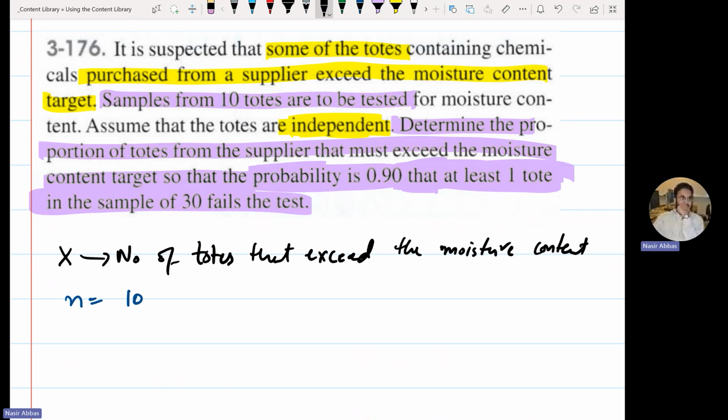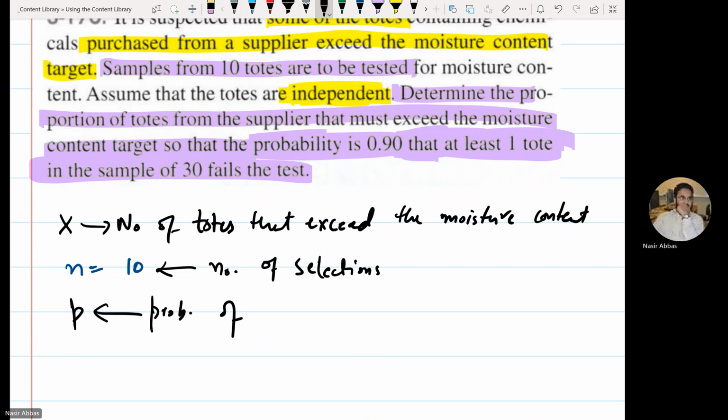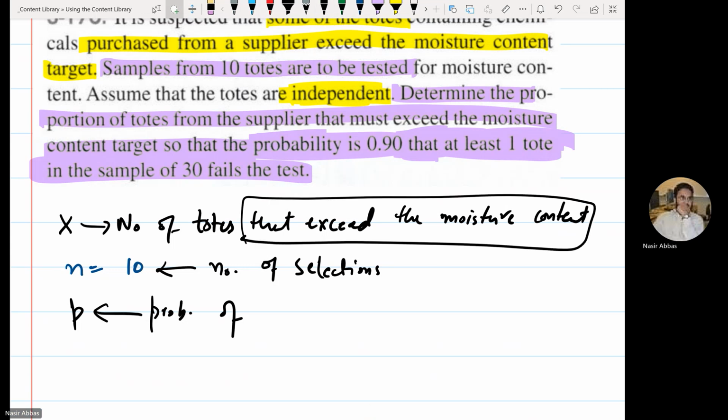What is N? No, not the value. What do we mean by N? Number of selections, right? Samples. What is P? Probability of success. Probability of what is success? That a sample exceeds.